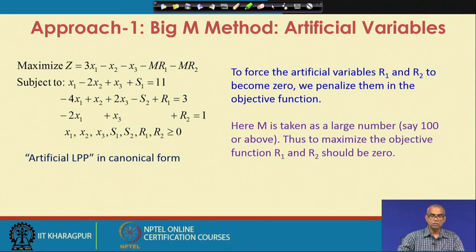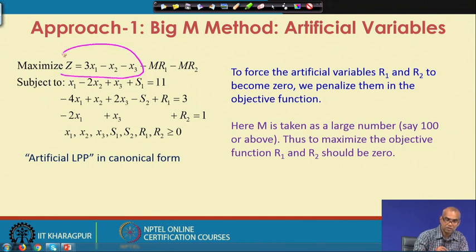The first one we talk about is known as the big M method. To force the artificial variables R1 and R2 to become 0, we penalize them in the objective function. So, look at the formulation of the objective function. This was the original objective function, z equal to 3x1 minus x2 minus x3.